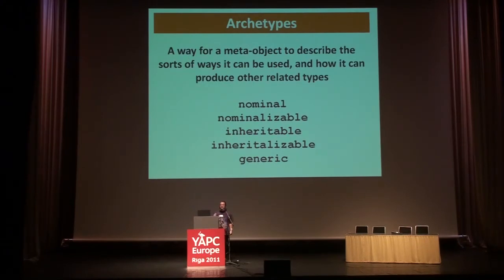So you can go to a meta object and you can say, are you available to use as a nominal type? And if not, do you know how to make yourself into one? So subset types do this. You basically take int, if you write the even subset type, you take int, and you sort of normalize it, as it were.